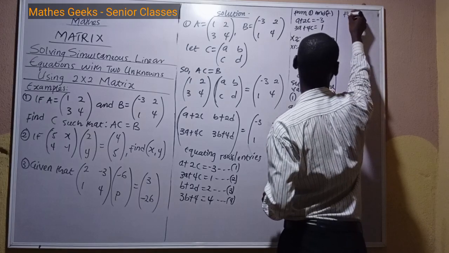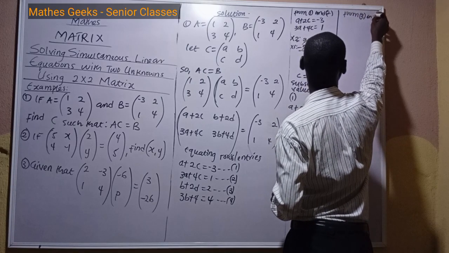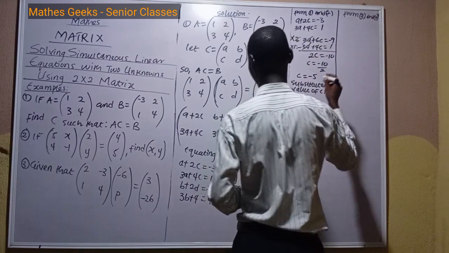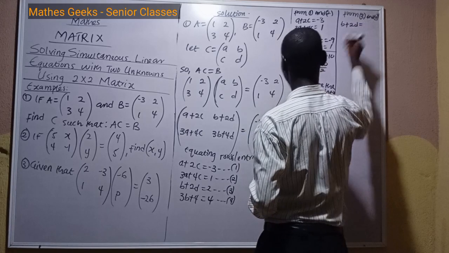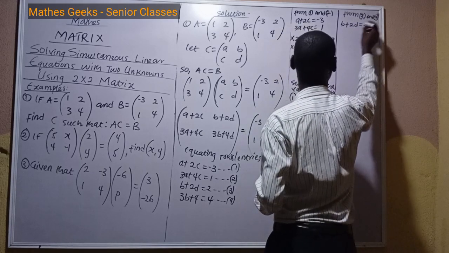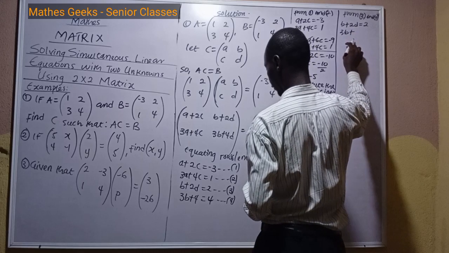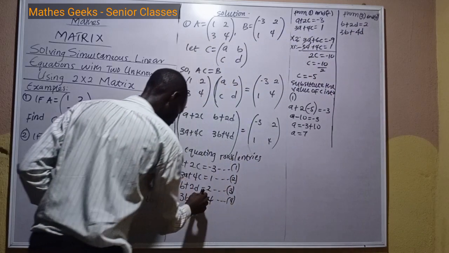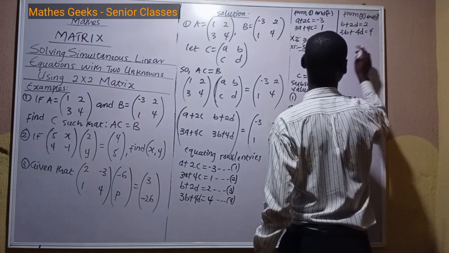So from 3 and 4. Equation 3 is b plus 2d is equal to 2, and equation 4, 3b plus 4d, is equal to 4.